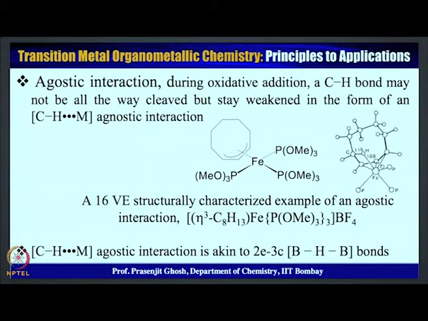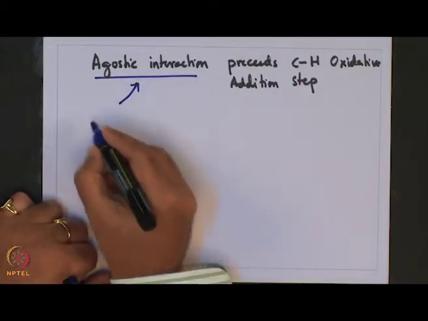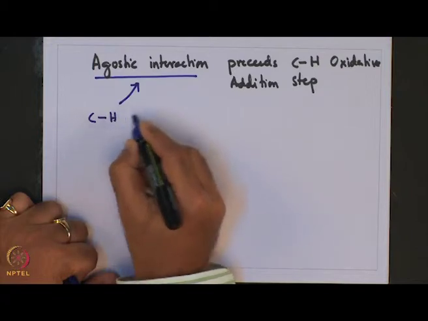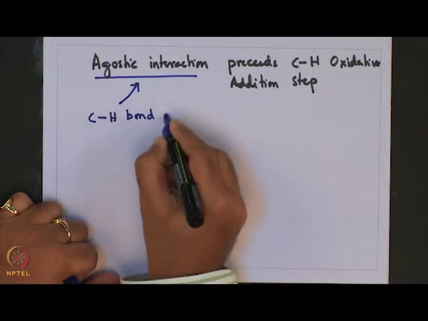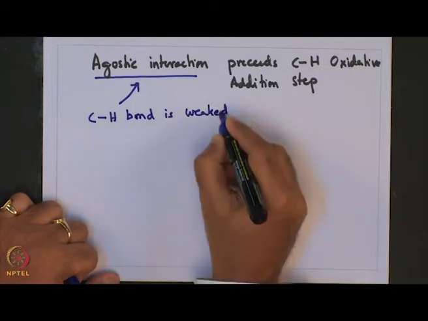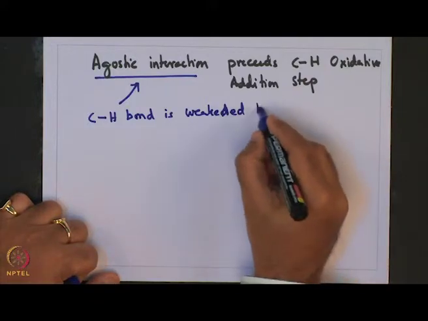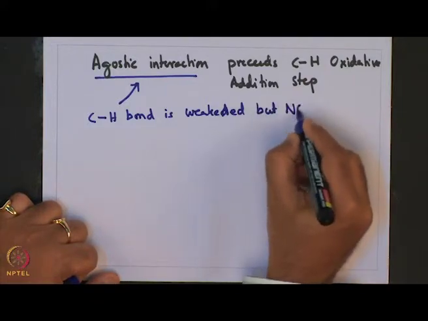And it turns out that in this agostic interaction the CH bond is weakened considerably, but not cleaved.